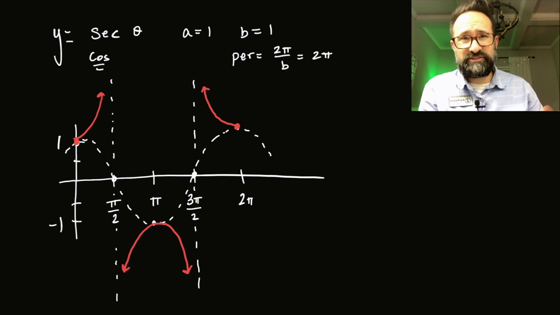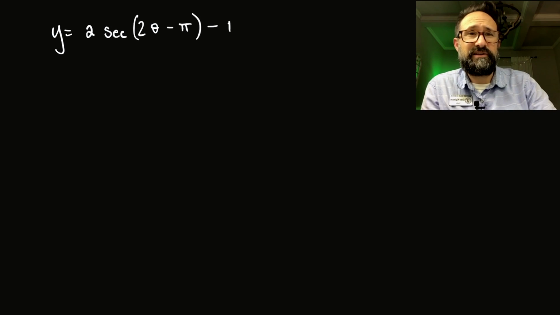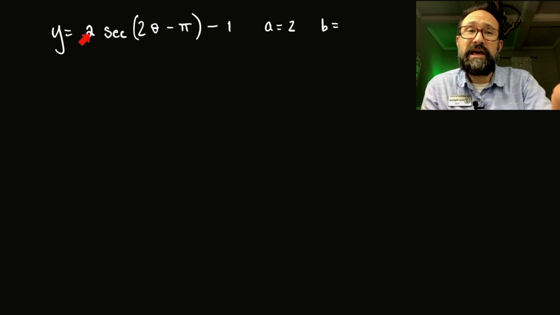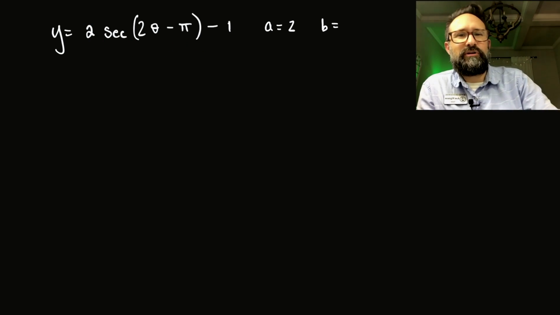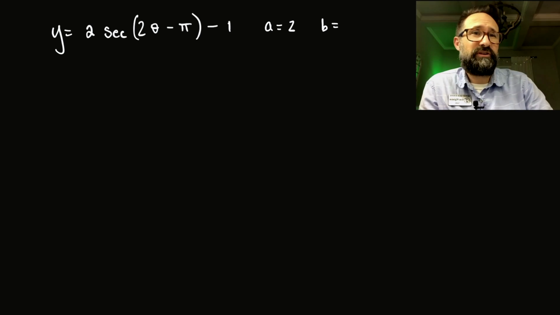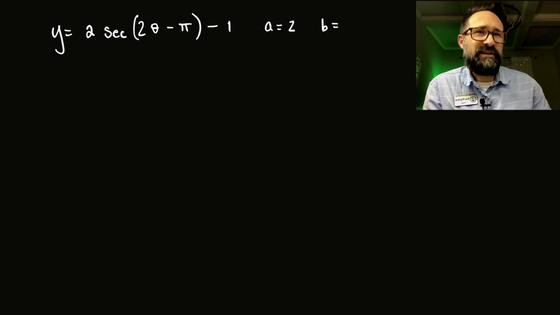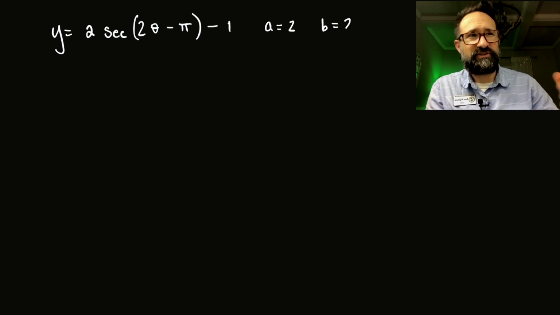And when it gets complicated, like the next graph, this is secant with all the different changes to it, right? So you can see here we have A, we have B, H, and K. If we label all of those pieces, then what we will see is when we find all of the pieces like amplitude, period, phase shift, and vertical shift, there's only one difference with sine and cosine.